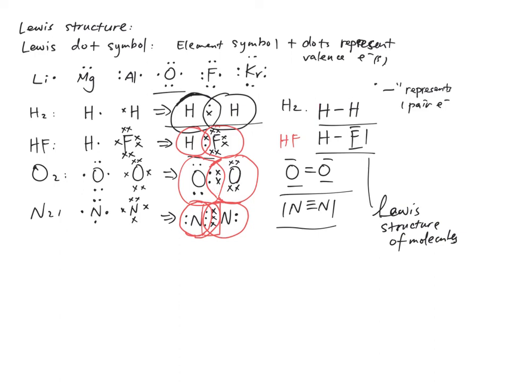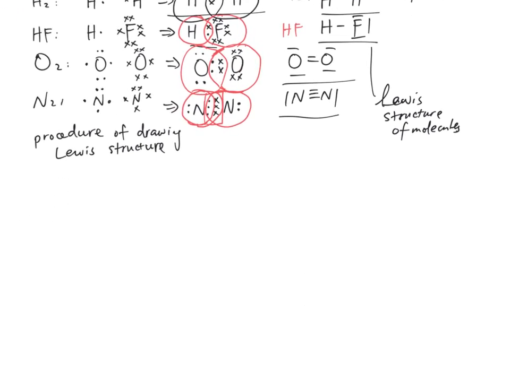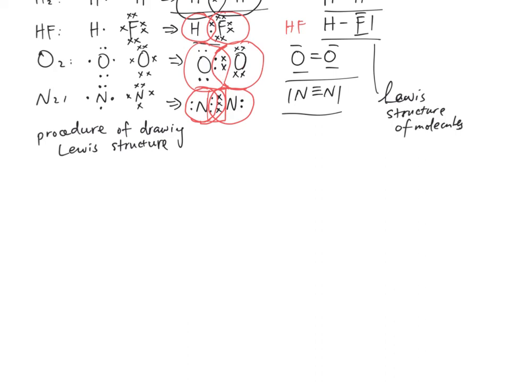Now, how do we draw a Lewis structure? Just like balancing redox equations, where I gave you a 7-step or 8-step process, based on whether they're in acidic or basic condition, we're going to give you a procedure for drawing Lewis structures.